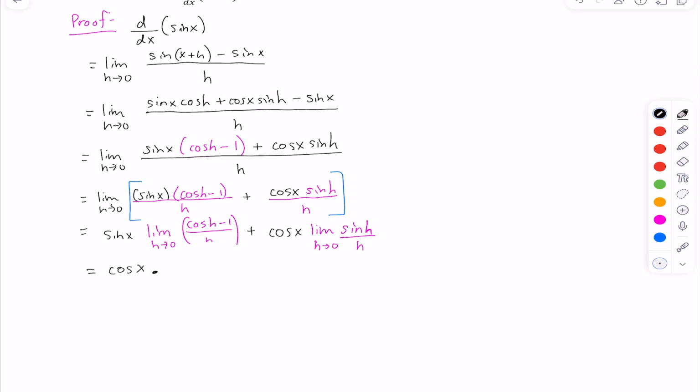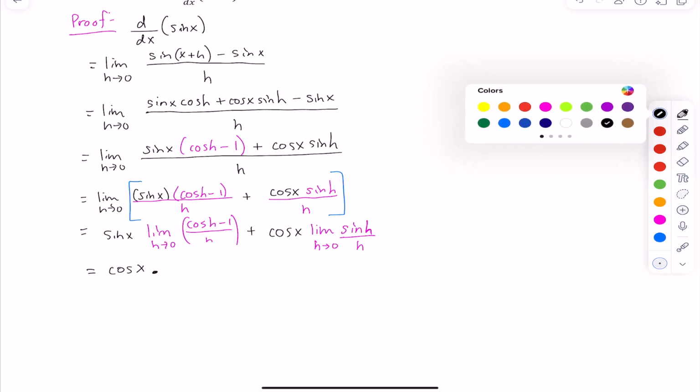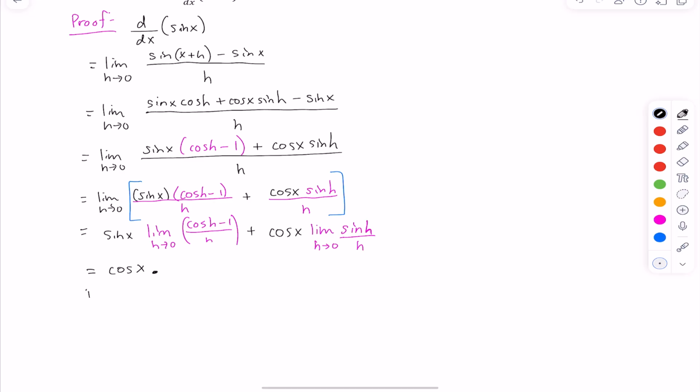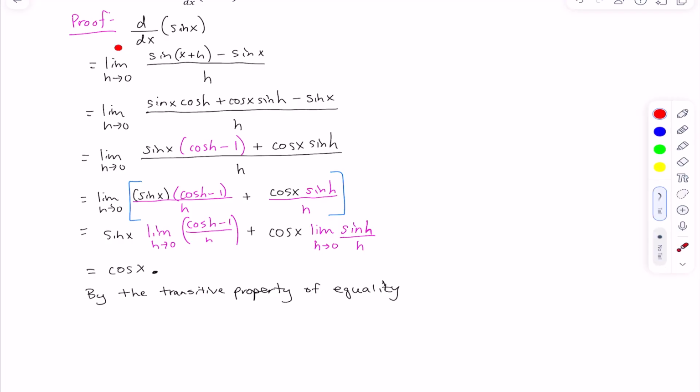Now we'll use the transitive property of equality to make a conclusion. We can now conclude that this first expression here is indeed this last expression as well.